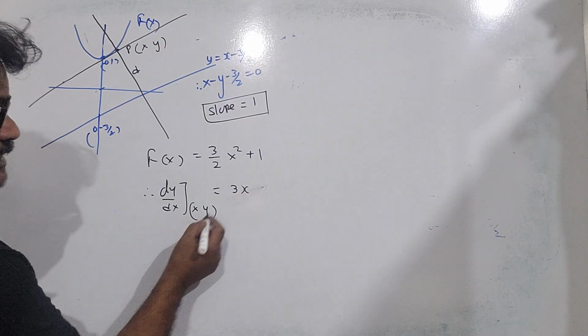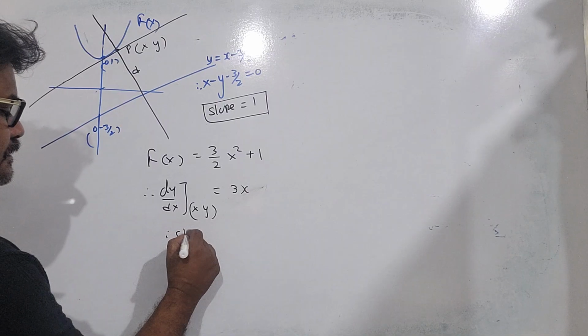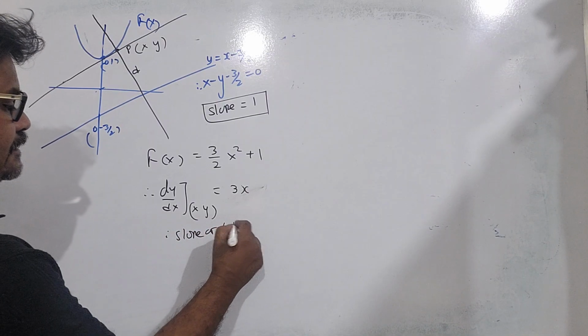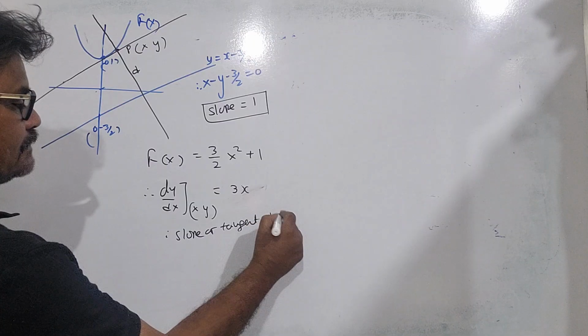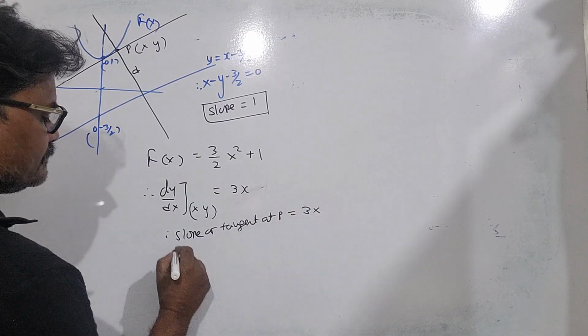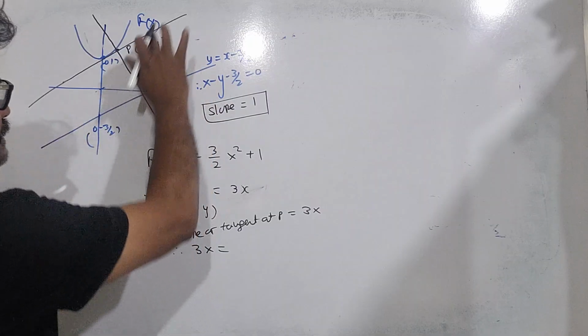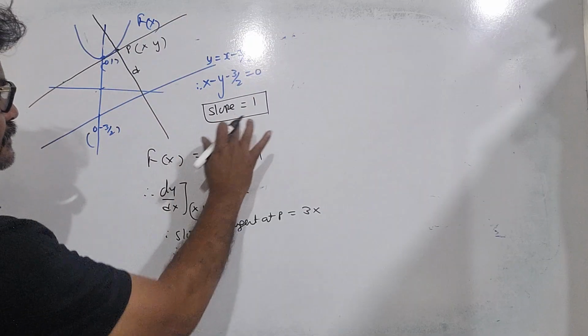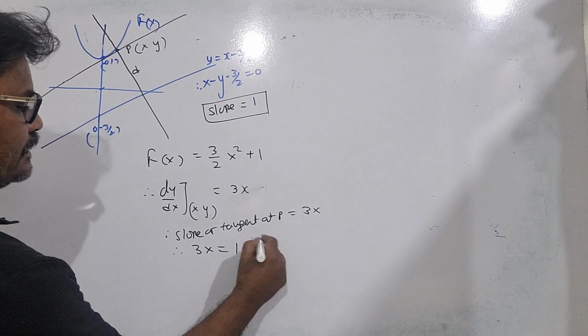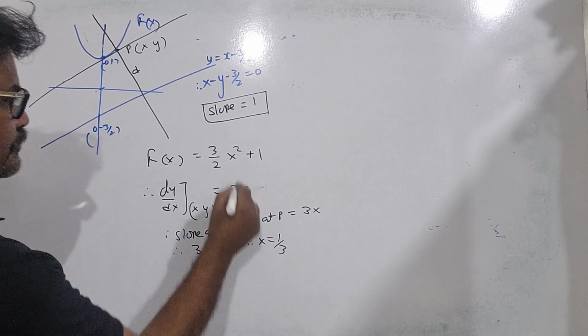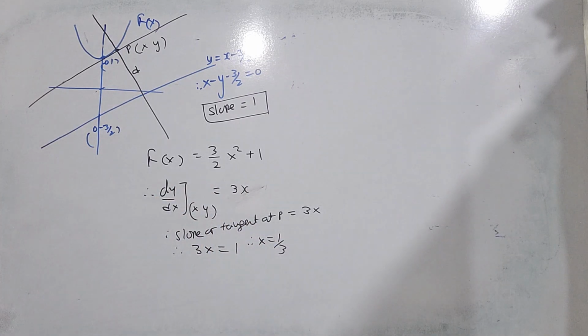So at (x, y) the slope of the tangent at P is 3x. Therefore 3x must be equal to the slope of this line, because these are the two parallel tangents, which is 1. Therefore x = 1/3.